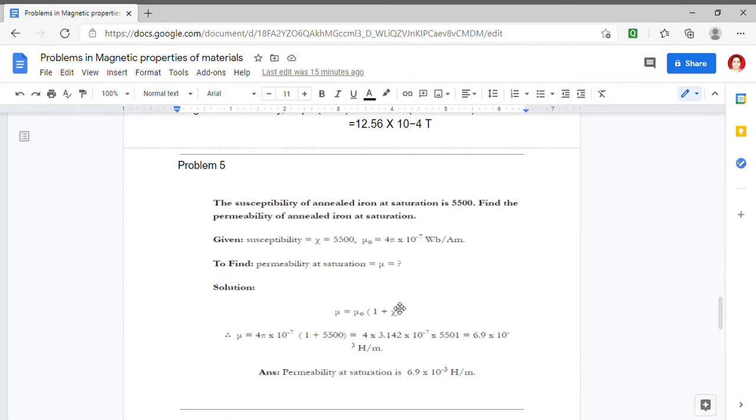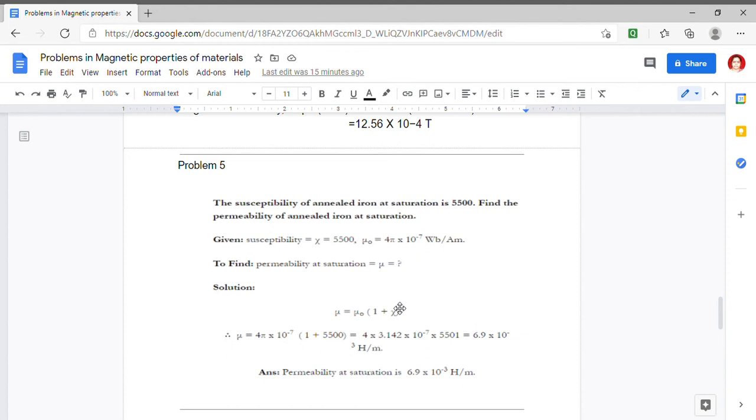The next problem is to find the permeability of annealed iron at saturation, and the susceptibility given is 5500. So we have to find the permeability. Permeability is mu, which is expressed in terms of susceptibility as mu equal to mu 0 into 1 plus chi.